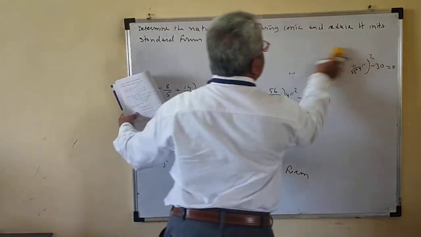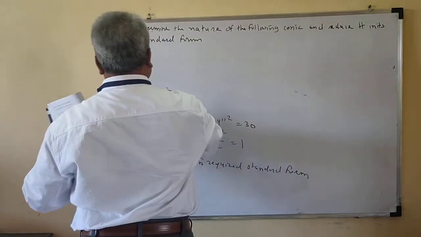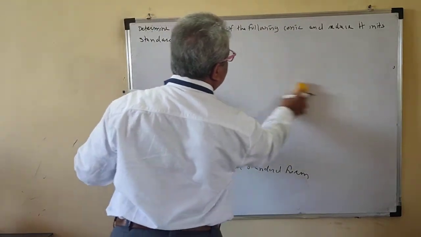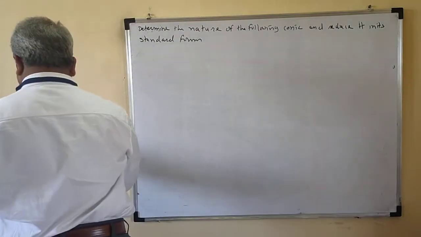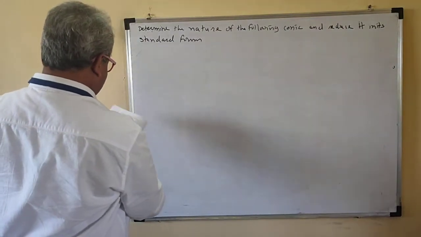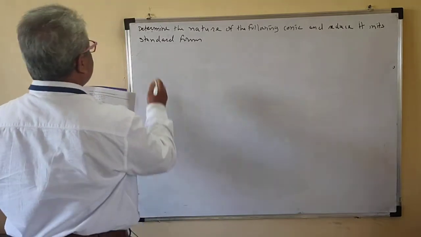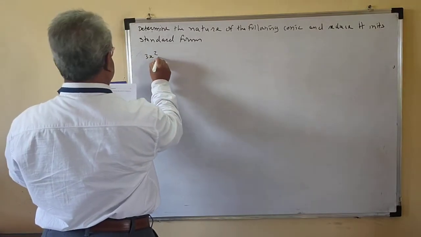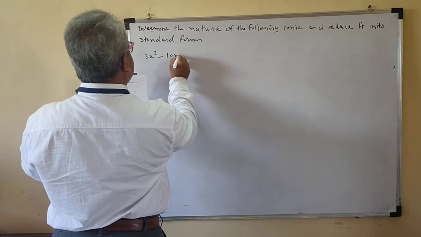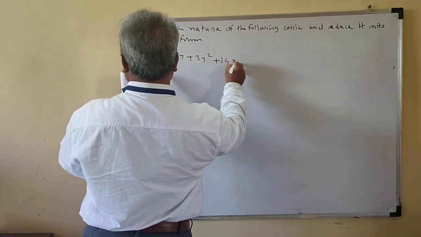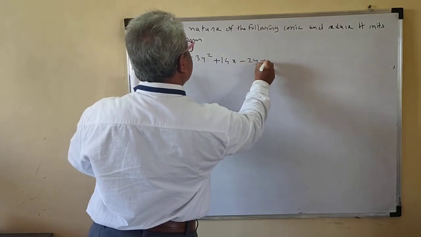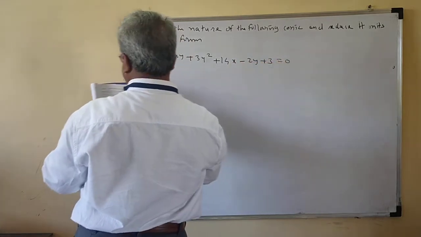So we'll take a second problem. Determine the nature of the conic and reduce it to the standard form. 3x square minus 10xy plus 3y square plus 14x minus twice y plus 3 is equal to 0.